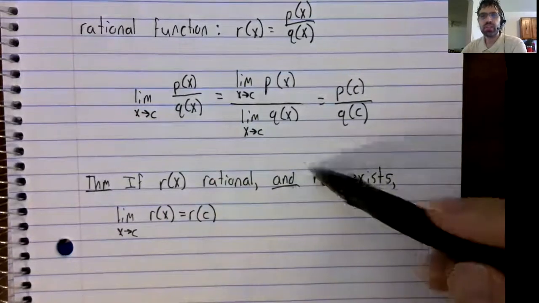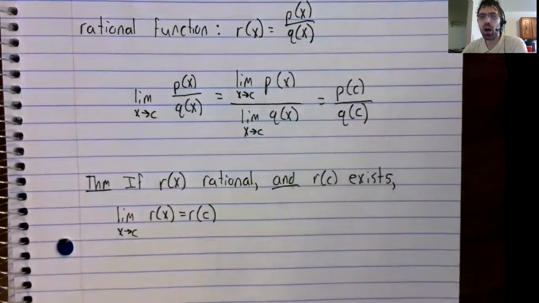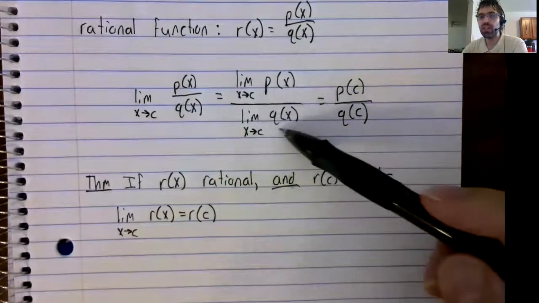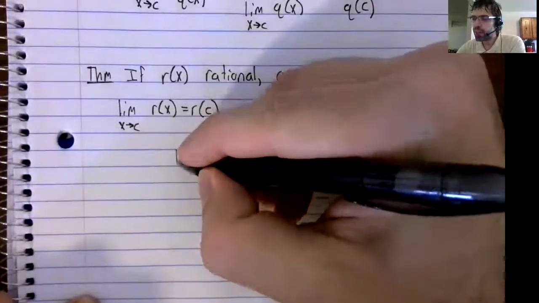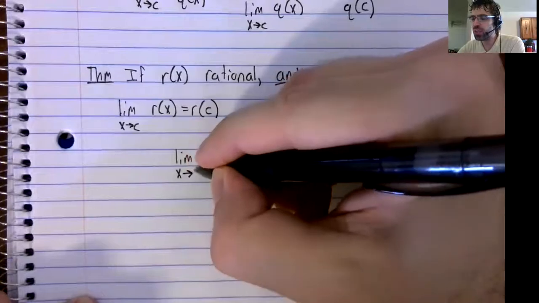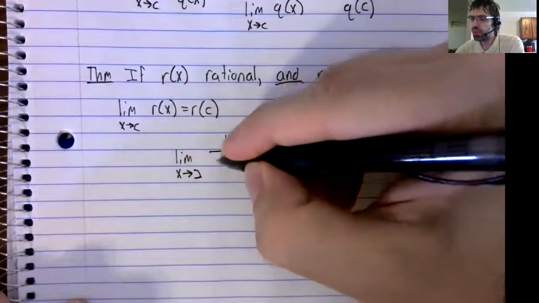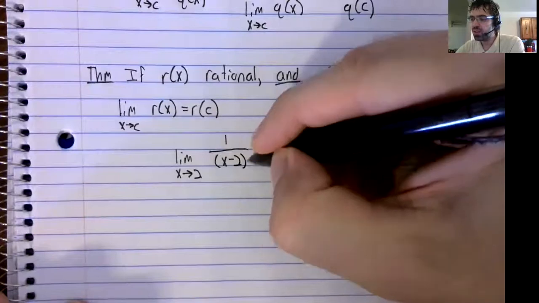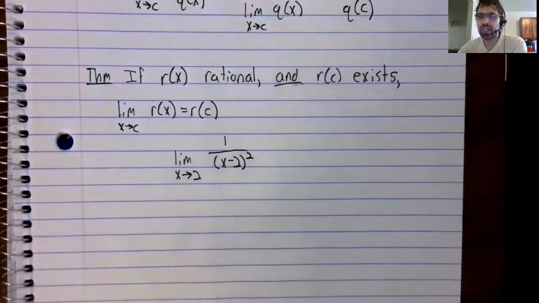And you need this restriction because R of c might not exist. We might get division by 0 down here. In fact, when I was giving examples of limits that don't exist, one of those examples was the limit of a rational function.